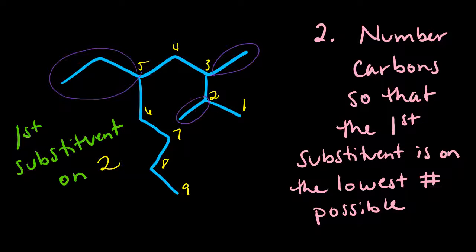I've chosen to number the carbon chain in this fashion as opposed to starting down here and numbering this way, because when you number, you want to put the first substituent on the lowest number possible. So having the first substituent on carbon 2 is preferable to having the first substituent on carbon 5.